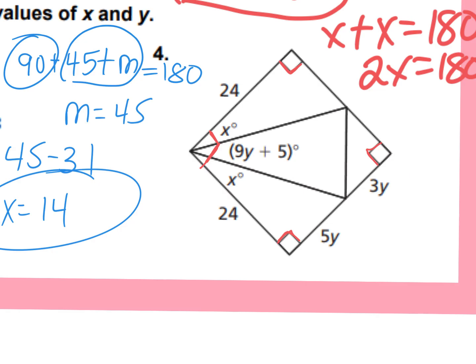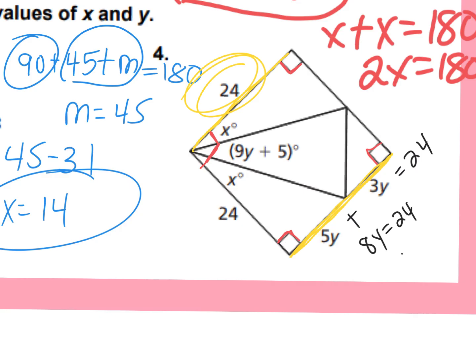Now, before I do anything, do you agree that this side of this figure and this side are going to be equal to each other? Those right angles prove that those two side lengths are equal to each other. Okay, so if this side is 24 and this side is 5y and 3y, if I add 5y plus 3y equals 24, right? I have enough information to figure out y, so 5y plus 3y is 8y.